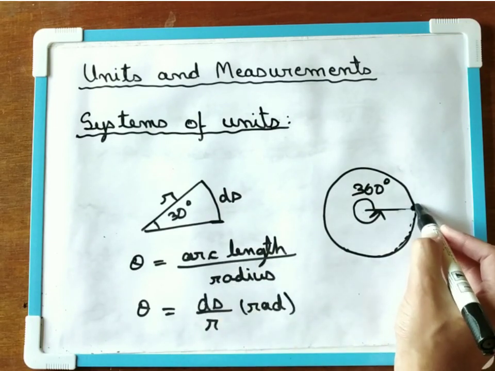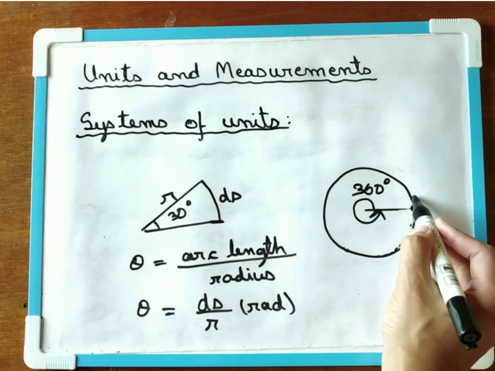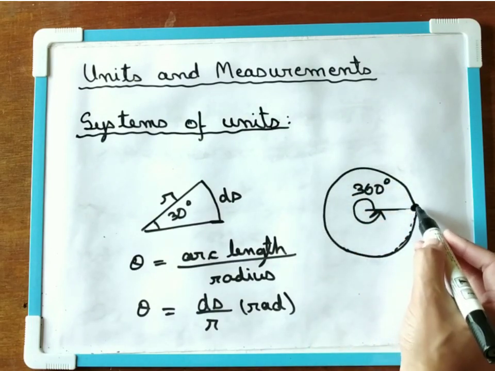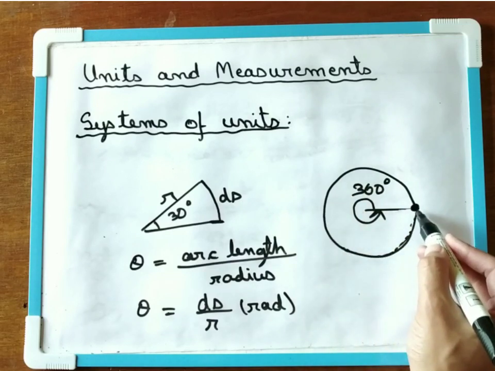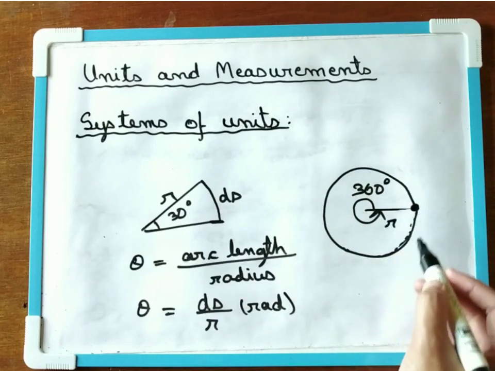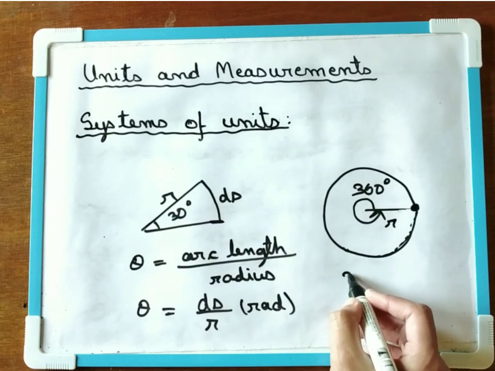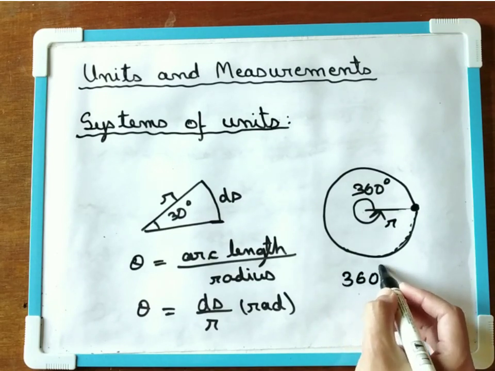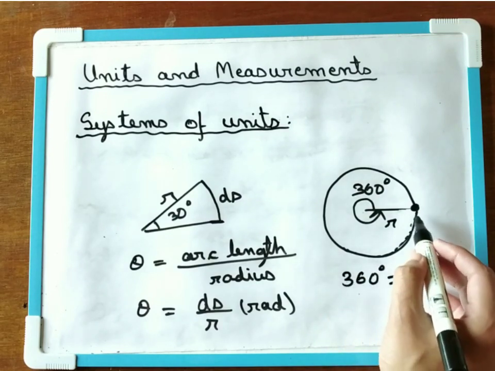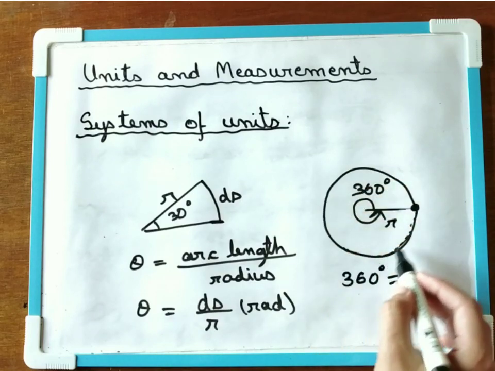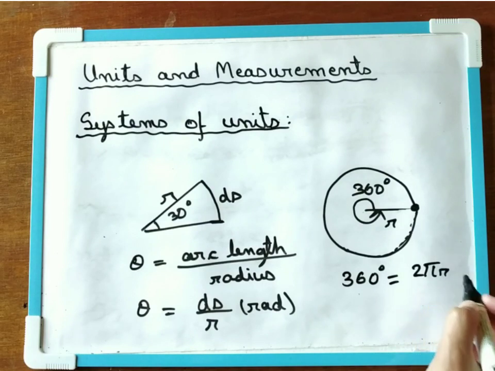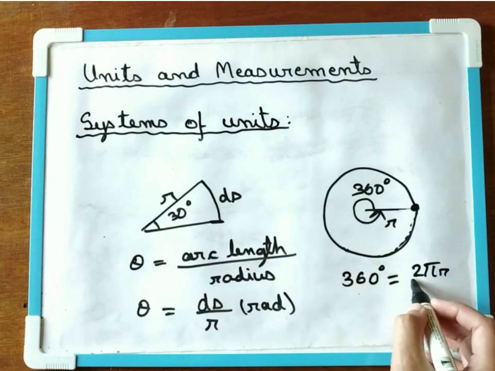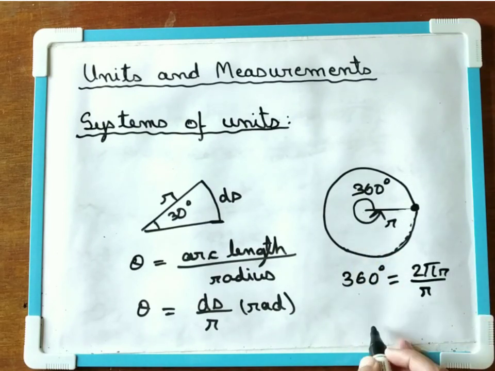The arc length is this length from this point to this point again, so this length is the circumference of the circle. If r is the radius, then your 360 degree in terms of radian will be equal to the arc length, which is the circumference 2 pi r, divided by the radius r.